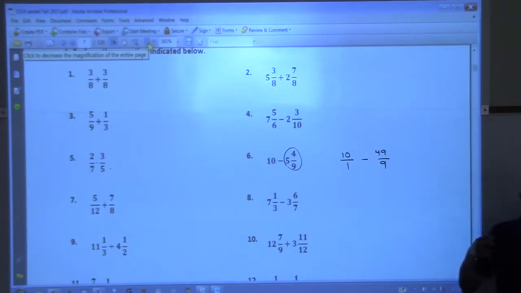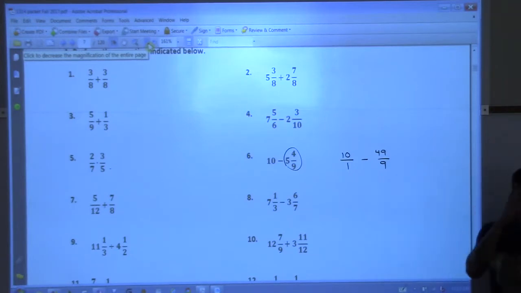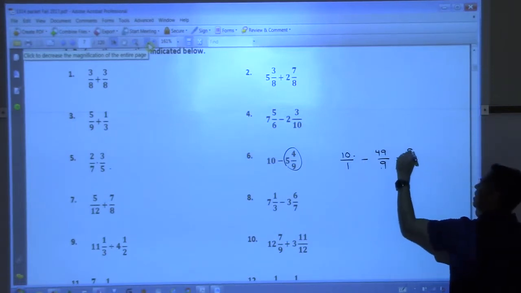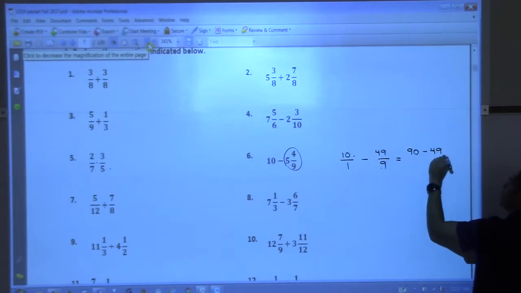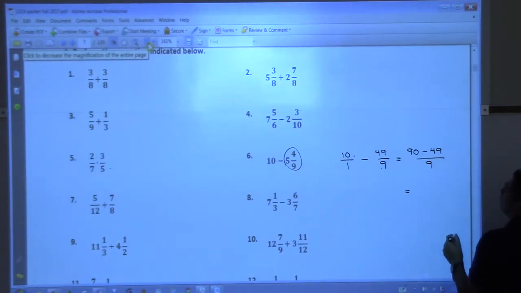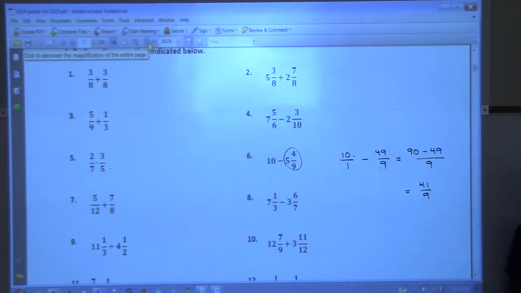One was you get a common denominator, but the other was that little shortcut formula. So I'll do the shortcut. It will be 9 times 10, which is 90, minus 1 times 49, which is 49, and then over 1 times 9, which is 9. Then you subtract, what's that, 41 ninths? Does that make sense? Okay.